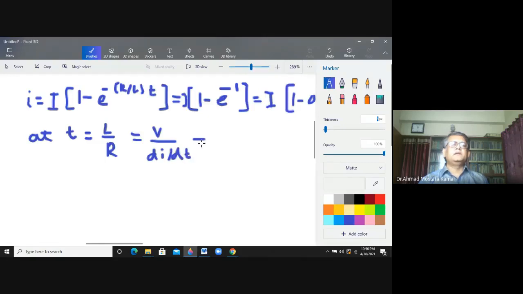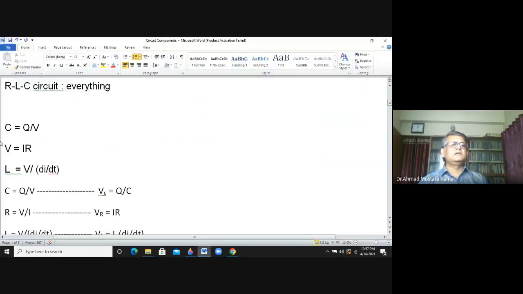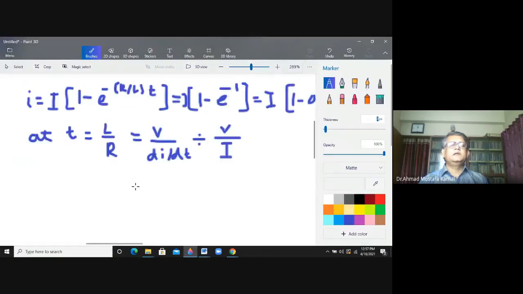And divided by R. From Ohm's law, V equal to IR, so R equal to V by I. So then what can we write?